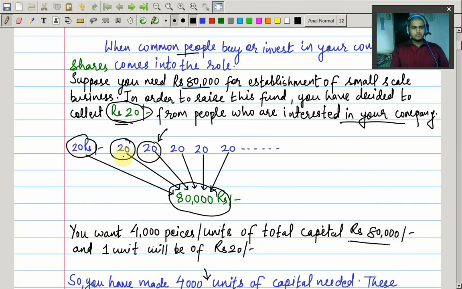So rupees 20 is a small contribution made by the people to generate this 80,000 rupees.